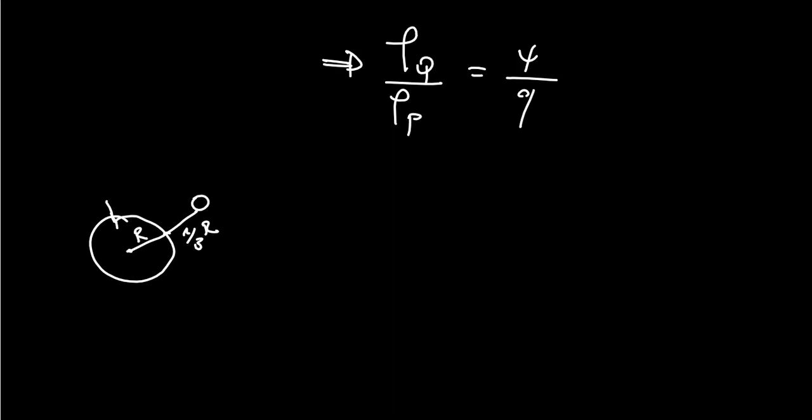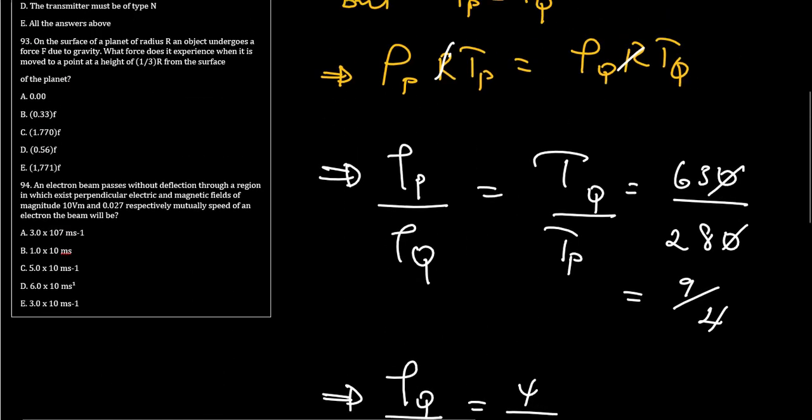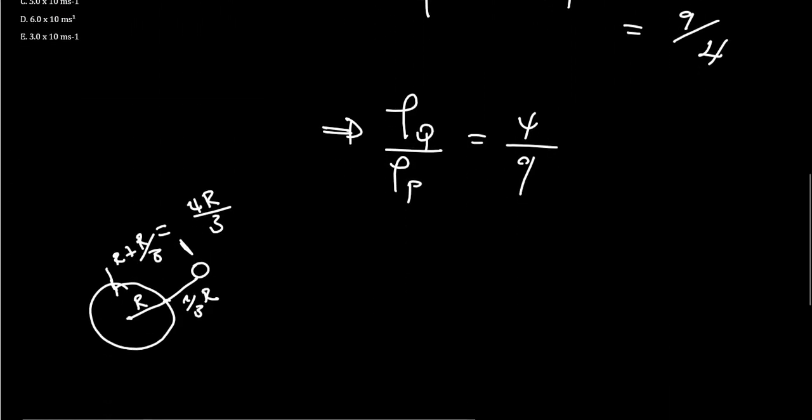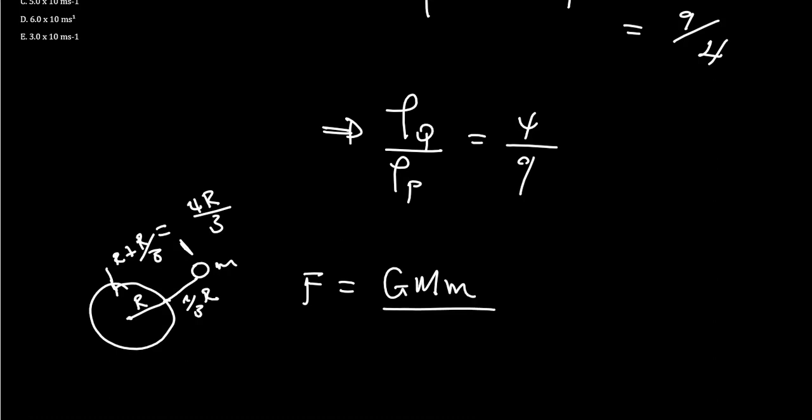So the total distance from the center of the Earth right up to the point will be r plus r on 3, which is going to be 4r on 3. And so I want to get the expression of the force. So on the Earth's surface, the force F is Gm, we are going to let the mass of this small object be small m, divided by the radius squared, r squared.